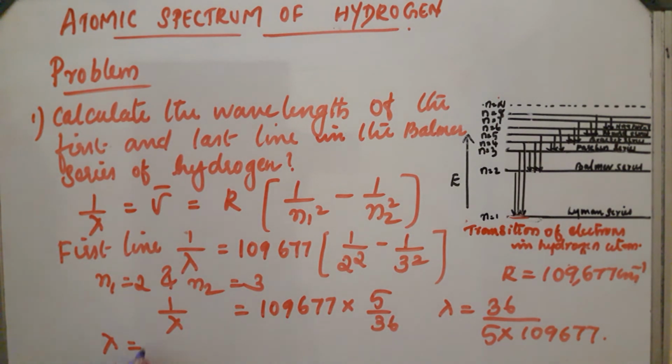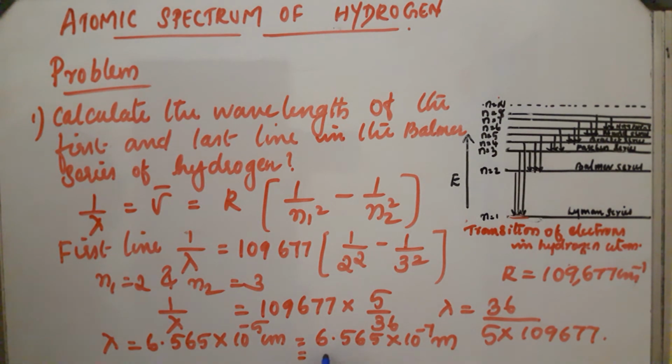After doing the calculations, lambda will be equal to 6.565 into 10 raised to minus 5 centimeter. Actually lambda is expressed in nanometer, so we have to convert it. First convert it into meter: this will be 6.565 into 10 raised to minus 7 meter.